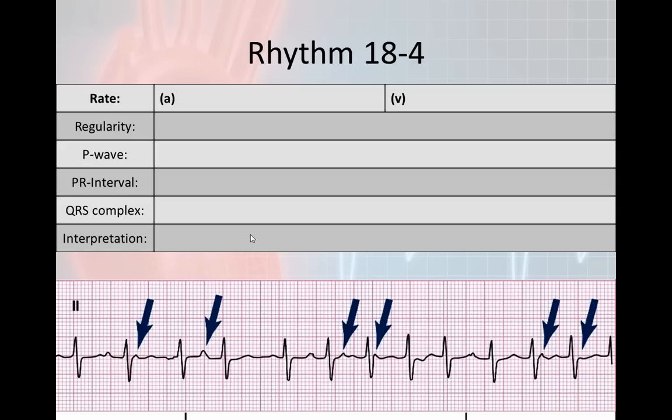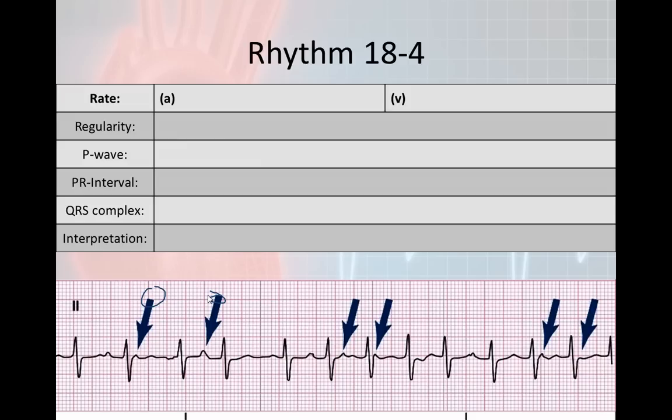To be honest, there are probably a lot of veterans that would not be able to interpret this very accurately just by looking at this strip. A lot of people would look at this and immediately say atrial fibrillation. But the arrows that you see here are actually pointed at the buried P waves.